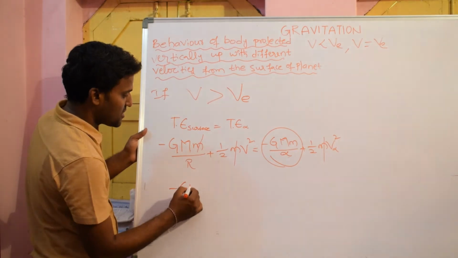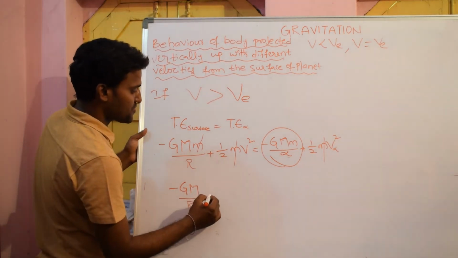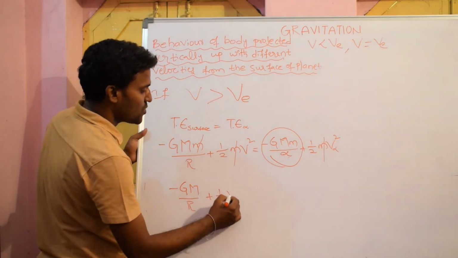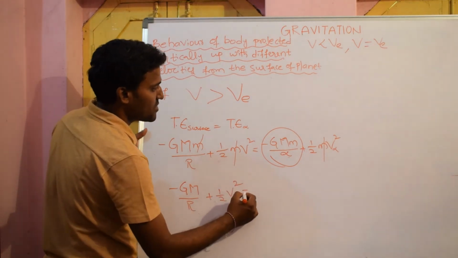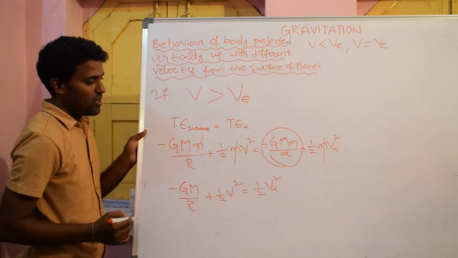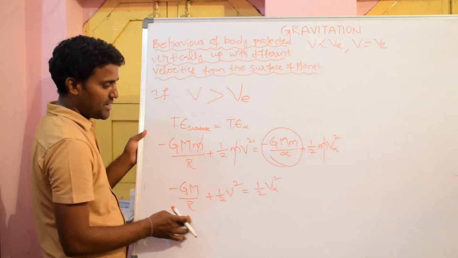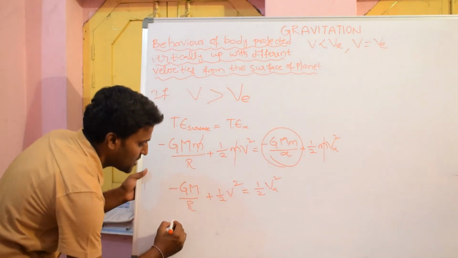Minus G M divided by R plus half v square is equal to half v infinity square. Okay, we have to calculate this only. So if I send the 2 to this side, what will become here?